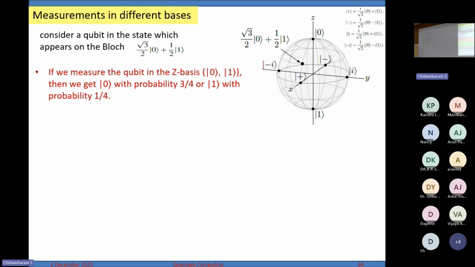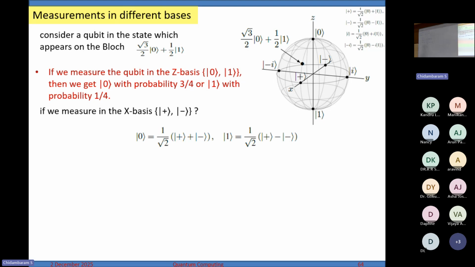Now what is the next question? Again, this particular qubit on the Bloch sphere, where would it be when I measure it in X basis? What would be the question? So what is 0? We know that ket 0 means 1 by root 2 ket plus plus ket minus. Ket 1 is nothing but 1 by root 2 ket plus minus ket minus. So we take this and substitute here: root 3 by 2 ket 0, 1 by 2 ket 1.